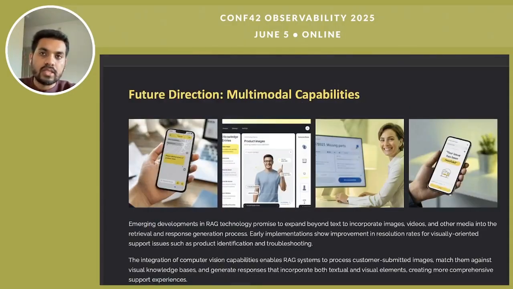And along with this, the next evolution is multimodal RAG, where inputs and retrieved content are not limited to text. Some of the emerging capabilities we currently have are visual search and retrieval. Basically, a customer uploads an image and the RAG model tries to find a match against the corresponding visual KBs, for example, a photo of a damaged product or an error screenshot that the customer just uploaded, and based on that the chatbot is able to troubleshoot what the customer's issue is.